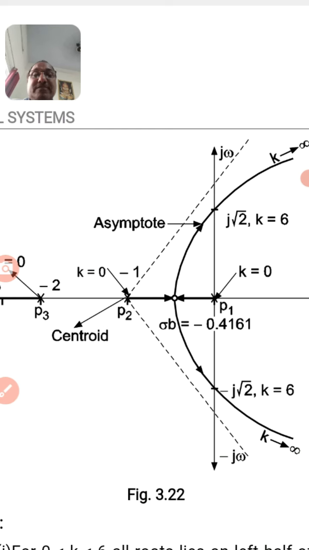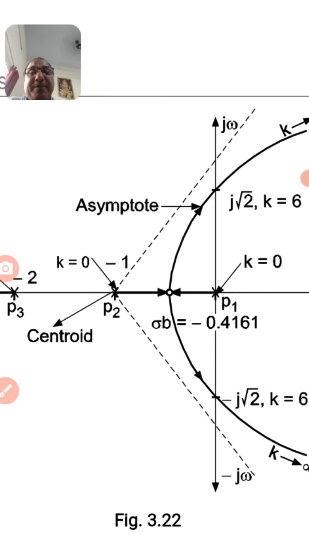Okay, step by step we are going. First of all, we have plotted P1, P2, P3. Then we have plotted their portion from where it is stable. P1 starts from 0 and P2 starts from its own position. They meet somewhere between P1 and P2, and that is called the breakaway point.